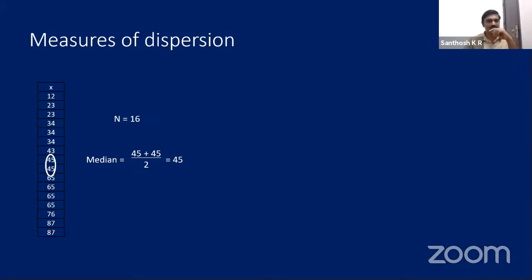Actually, this is not the way to find the median, but for the sake of learning, we are looking into this simplified way. So if there are 2 values in the middle, we can add those 2 values, then divide by 2, and we can find the median.